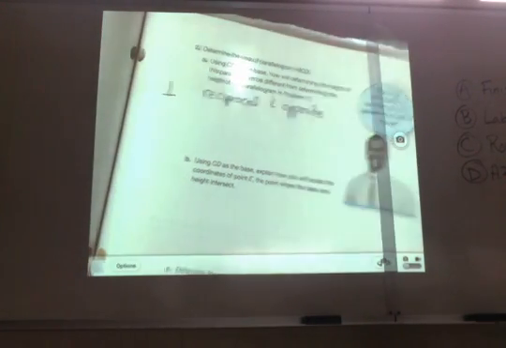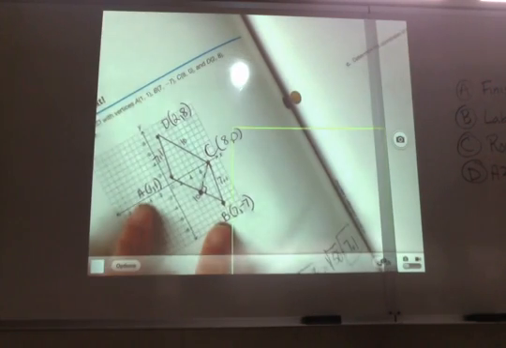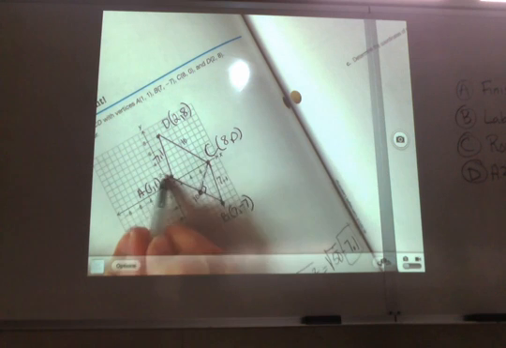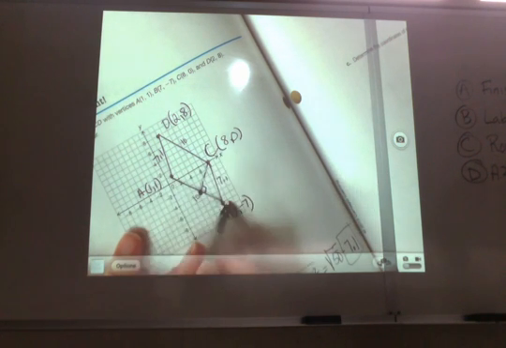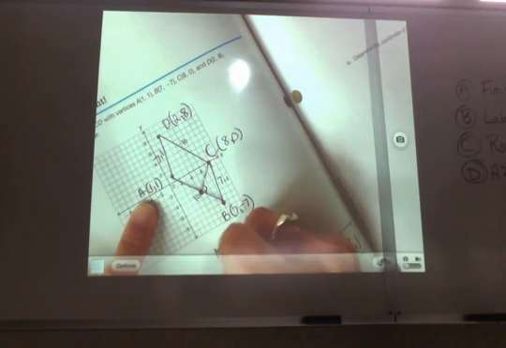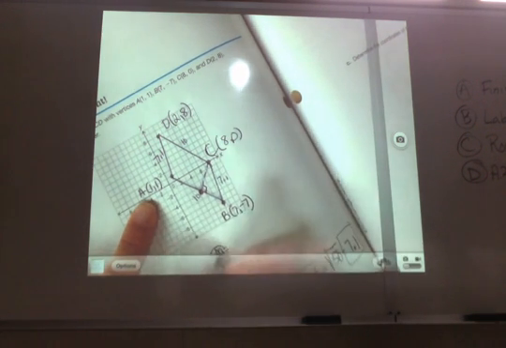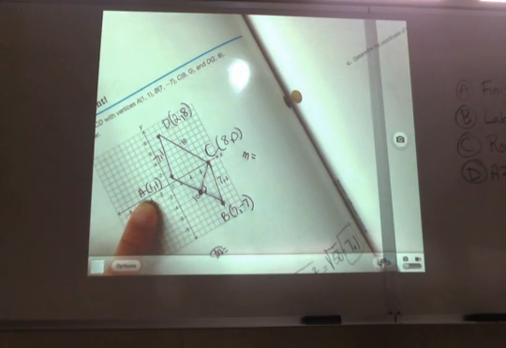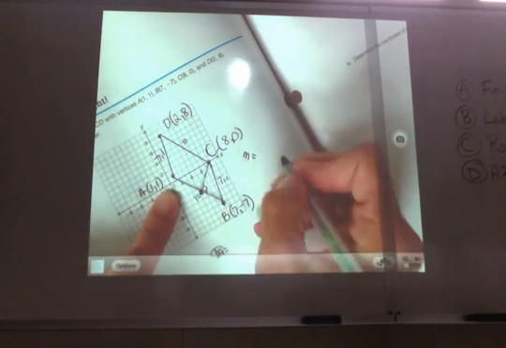The first thing I want you to do, looking at AB, is find the slope of this line. How do we find slope? M equals, if I've got two points, y minus y over x minus x.